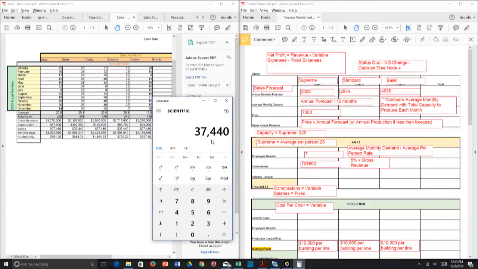And if we have $37,440 per person and we need 7 employees, we know that our salary cost is going to be $37,440 times employees needed. So Supreme is going to equal what? $262,080 for our Supreme.